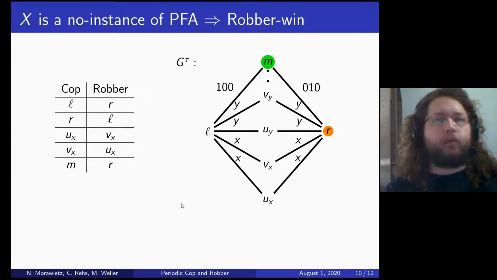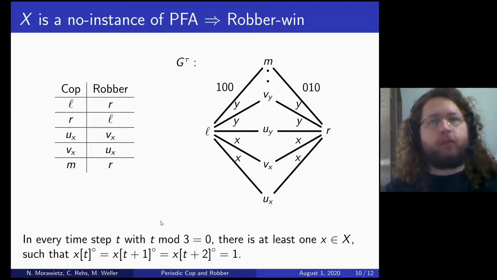And how can we show that this is the case, that the robber has this evasive strategy? Well, it's mostly because of the fact that we suppose that X is a no instance of PFA, so in every time step t, which is divisible by 3, there's at least one of the sequences equal to 1 at position t, t plus 1, and t plus 2.